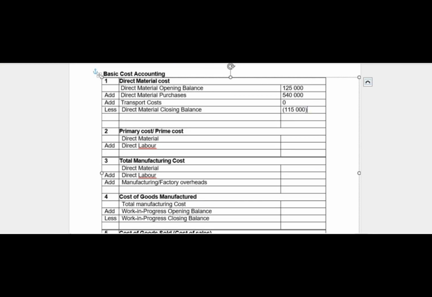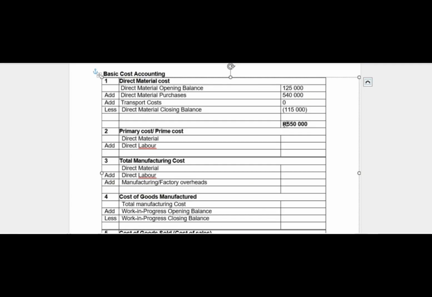In our calculators: 125,000 plus 540,000, and then we less 115,000. Tell me your answer. I'm getting 550,000. That is our direct material cost.